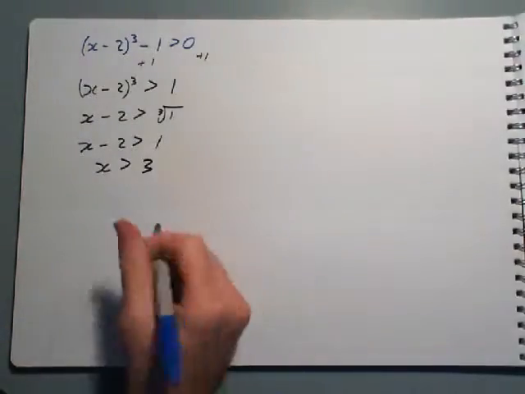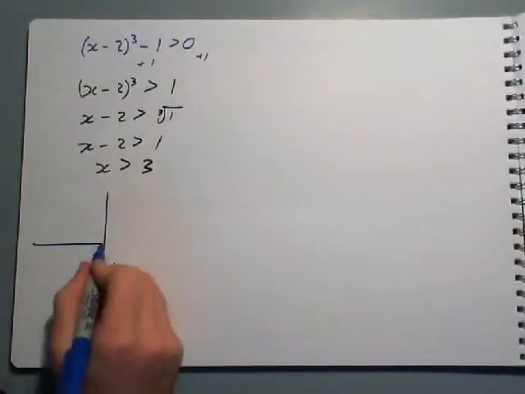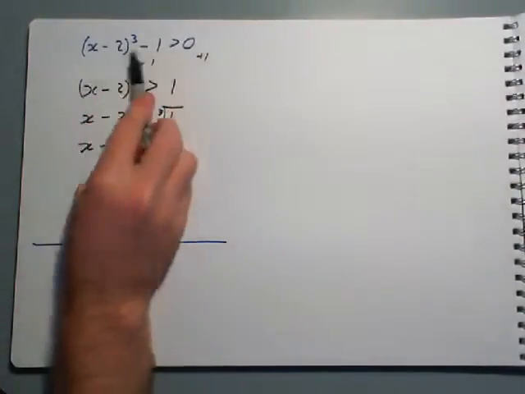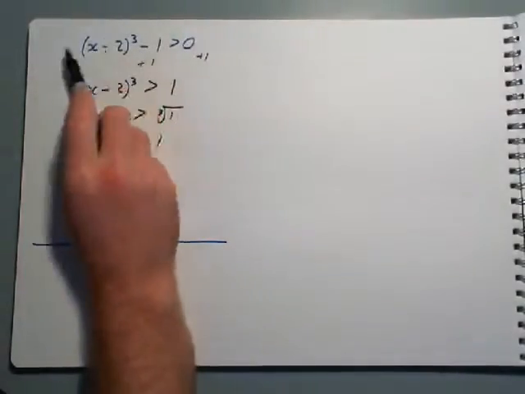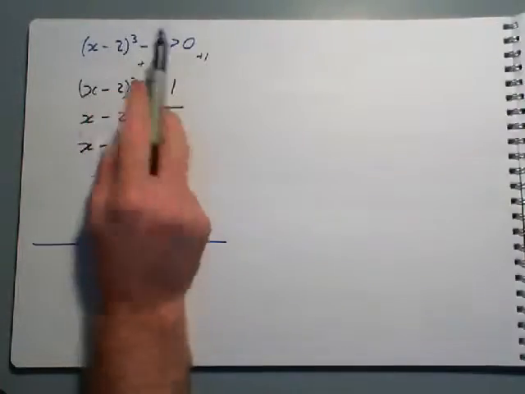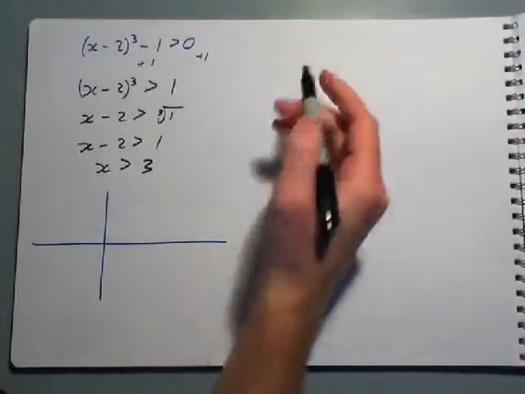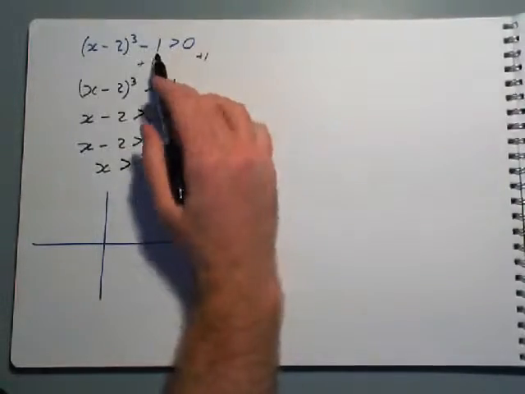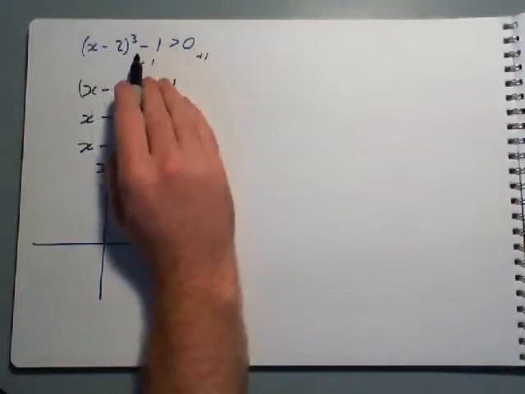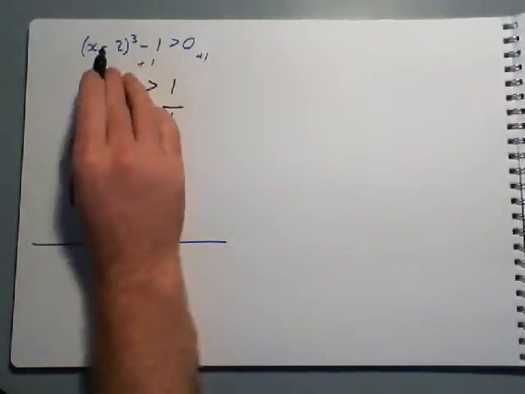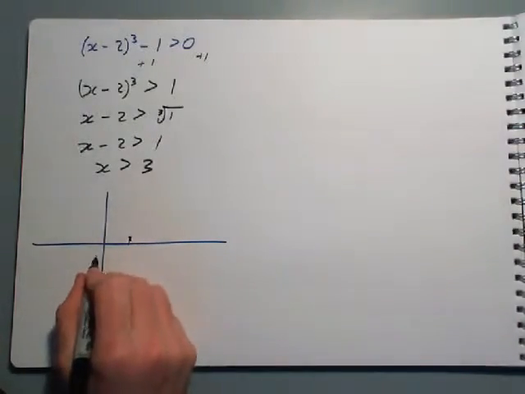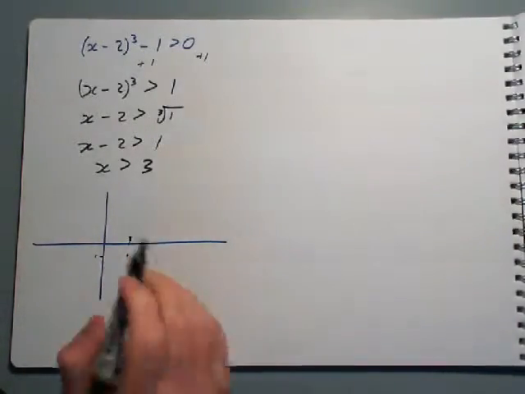So on a graph, this one's a bit difficult. So we've got turning point form, stationary point of inflection, I mean. So if we graph that, the stationary point of inflection is going to be at positive 2 and negative 1, so about there.